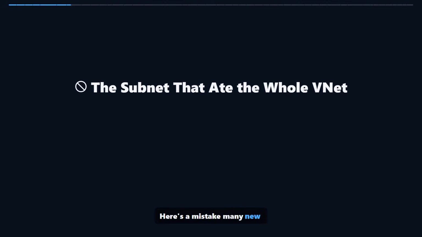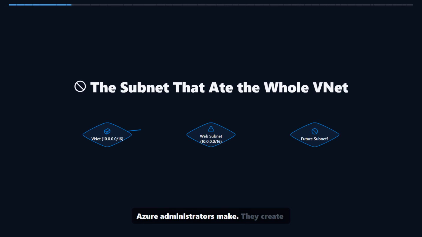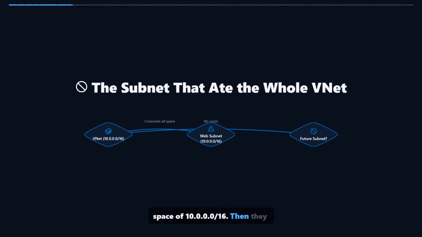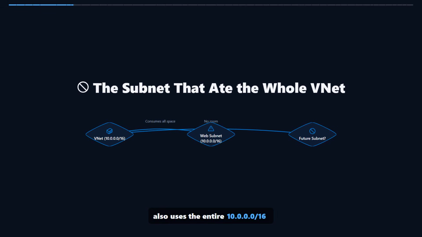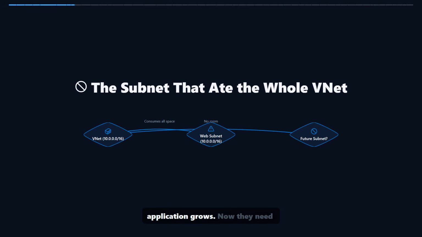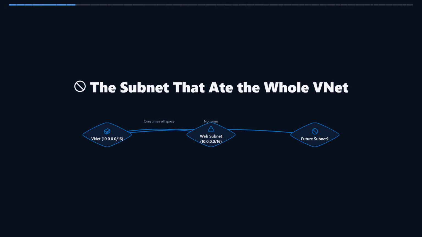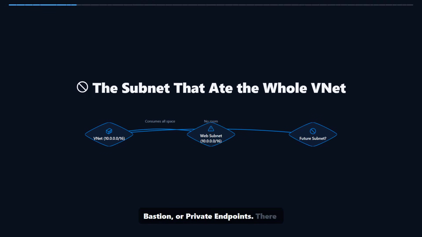Here's a mistake many new Azure administrators make. They create a VNet with an address space of 10.0.0.0/16. Then, they immediately create one subnet that also uses the entire 10.0.0.0/16 range. Everything works until the application grows. Now, they need separate subnets for web servers, application servers, databases, Azure Firewall, Bastion, or private endpoints.